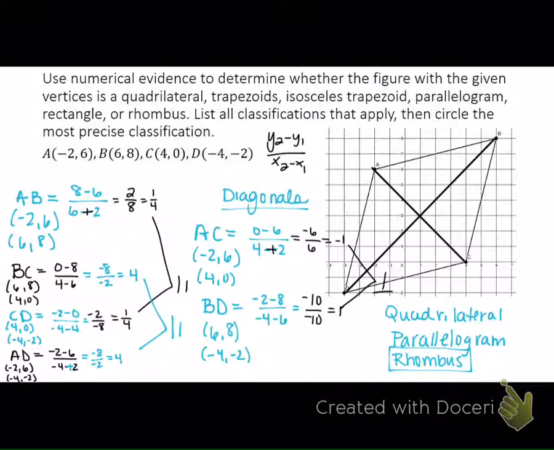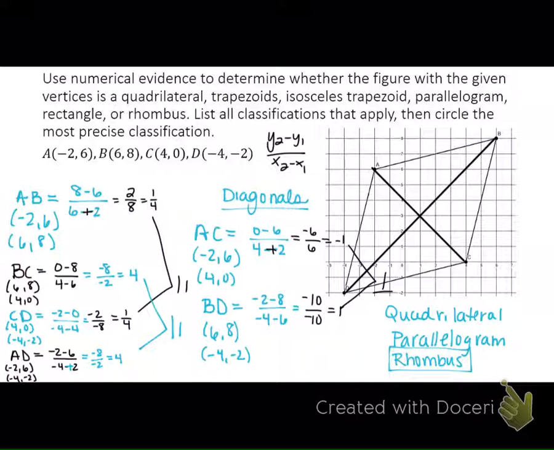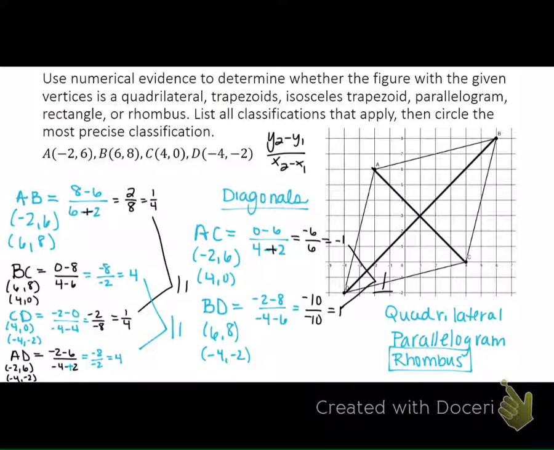So notice, you are going to have to remember a couple things for these tests. No matter what, your first step is going to be the slope of all four sides. No matter what. All right? From there, you have to decide if it's one set or two sets of parallel sides. If it's one set, then you have a trapezoid, okay? But you're not done with the trapezoid.